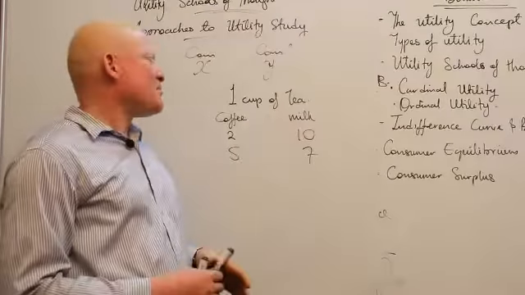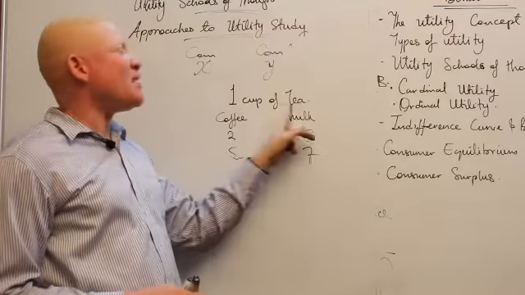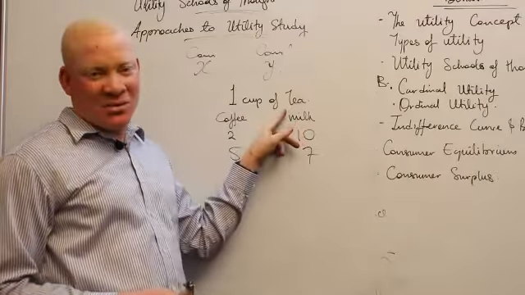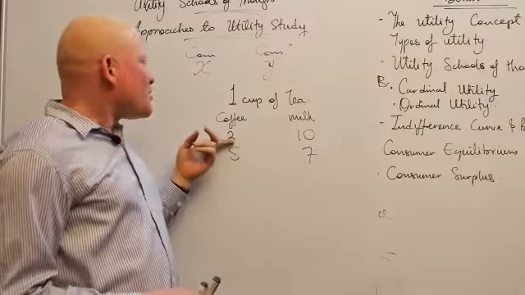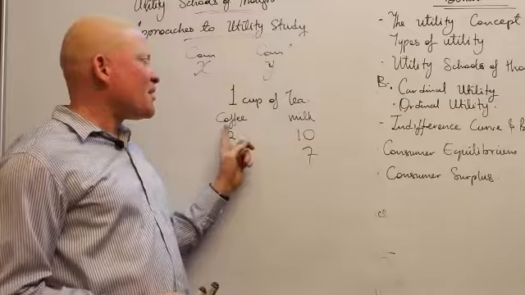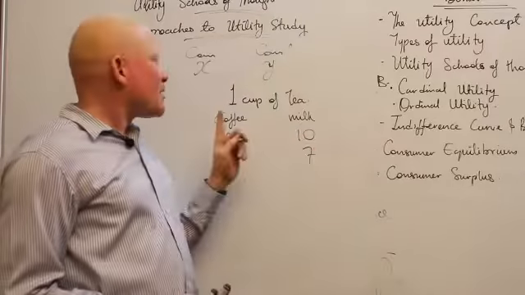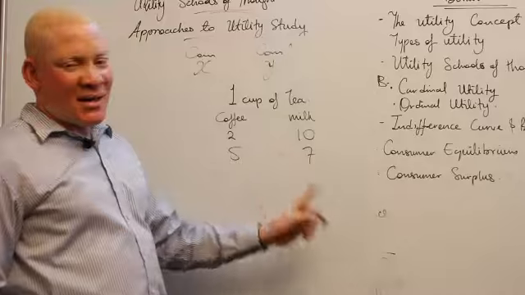Now we know that because of the preference I have for tea, this is the level I want to reach. But to get to that place, I need 2 commodities. If I don't get coffee, I get milk. I get coffee, I get milk. Like that and like that.